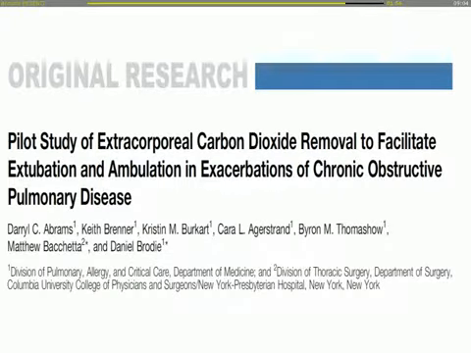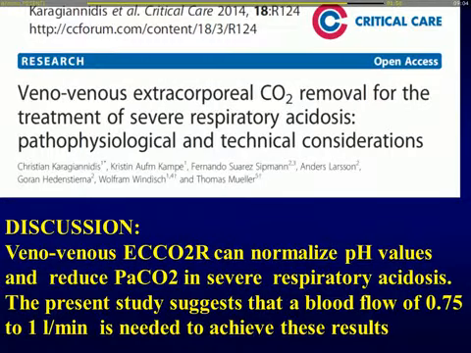But a word of caution, we still do not know how much CO2 we need to remove and at which blood flows. As an example, Marco Ranieri and Kluge reported low flows, but in this paper, as well as the papers by Abrams, they required almost 1 liter blood flow, 0.75 liters per minute.